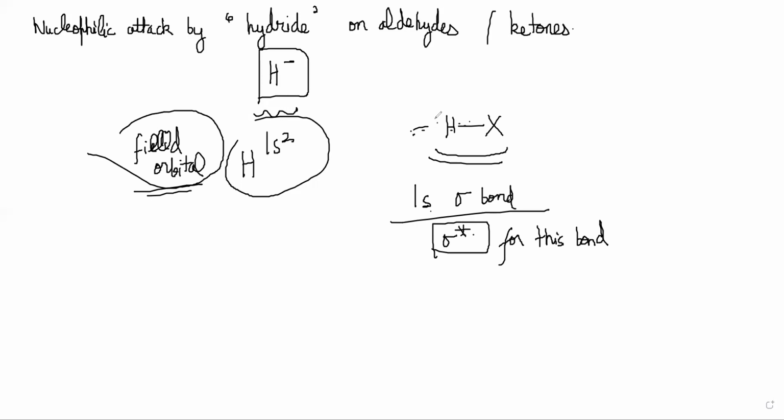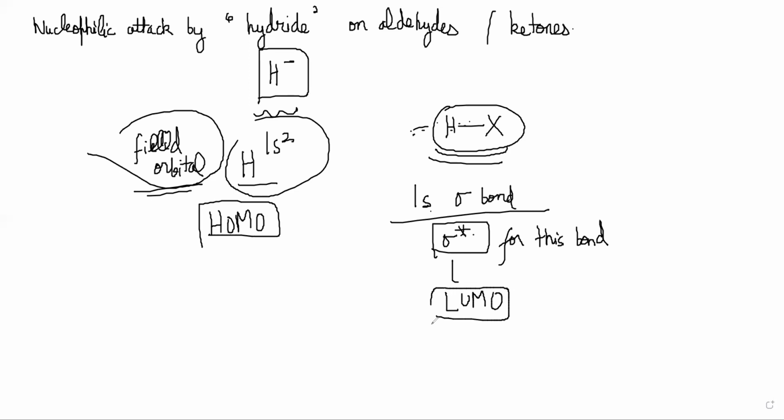So sigma star for this bond will be empty right now, no? Because there is a single bond. So sigma star will be empty, and this is a filled 1s sigma orbital, right? So this is the highest occupied molecular orbital for it, and this is the lowest unoccupied molecular orbital here, right?